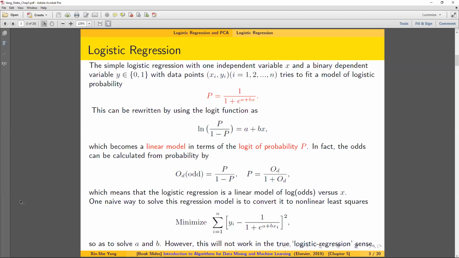So what does this mean? This essentially says that we can use a plus bx to predict some sort of function of the probability, right?